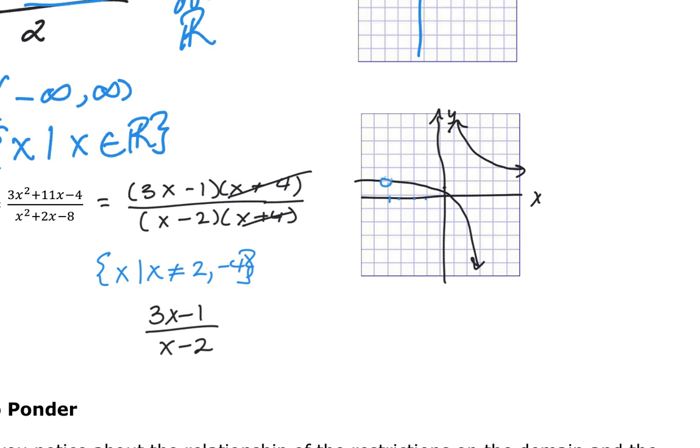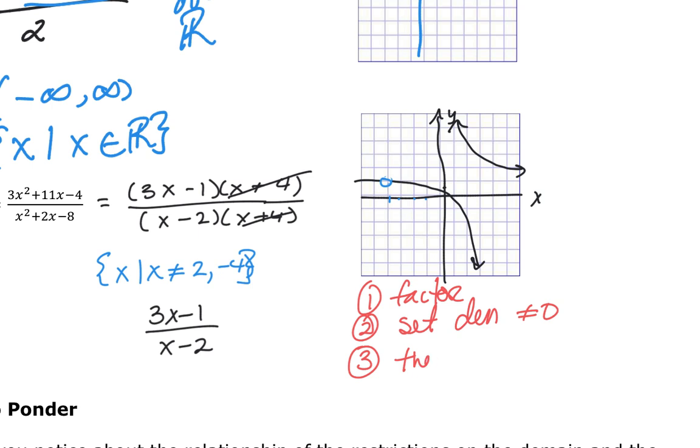So don't forget, first thing you want to do is factor. When you're finding denominators, factor, set the denominator not equal to 0. And then if you're asked to graph, then cancel or simplify the function.